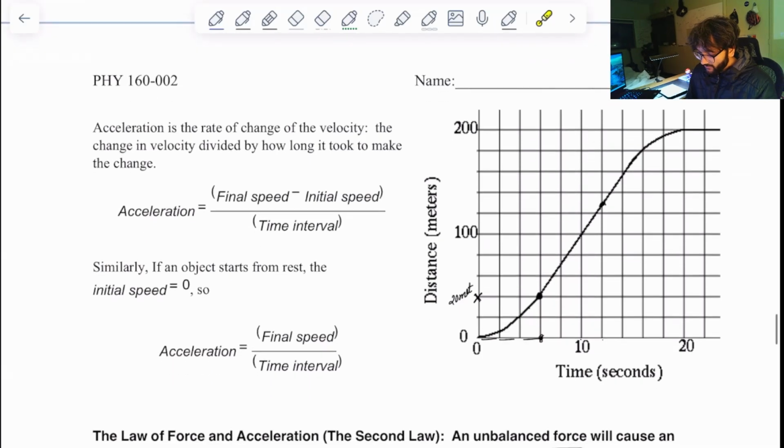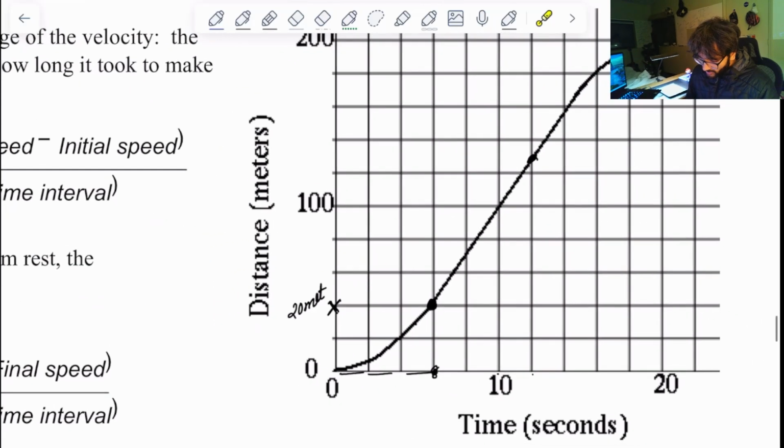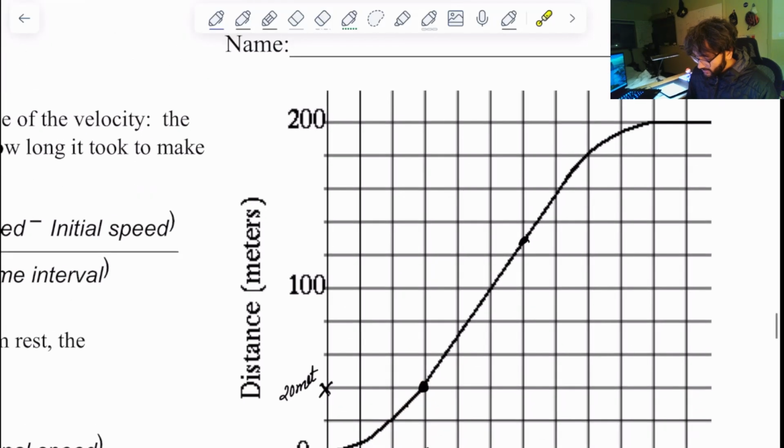Because if you look at the graph here, the velocity increases here, right? That's why you see that. And at this point, which is 6 seconds, the velocity does not change after that point, right? So whatever velocity is here is the velocity at 6 seconds, because from 6 seconds to 12 seconds, the velocity does not change.